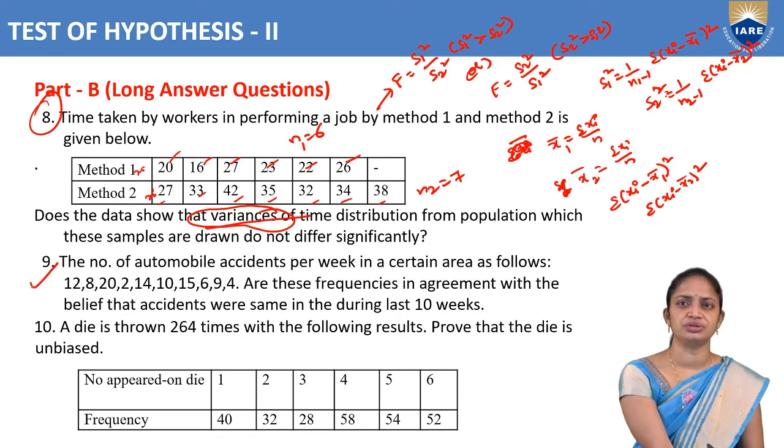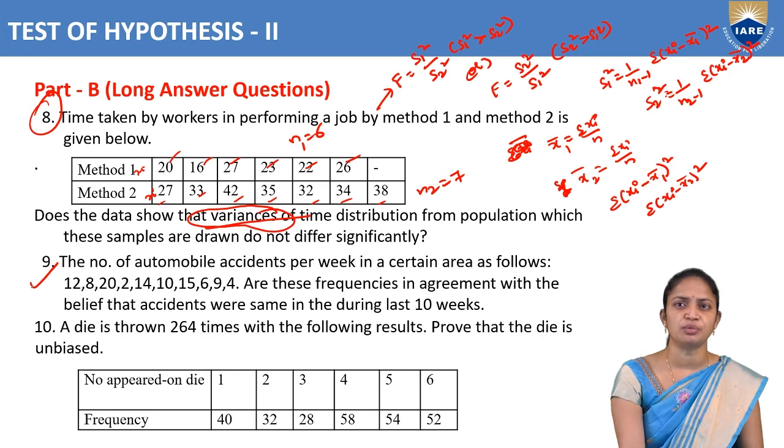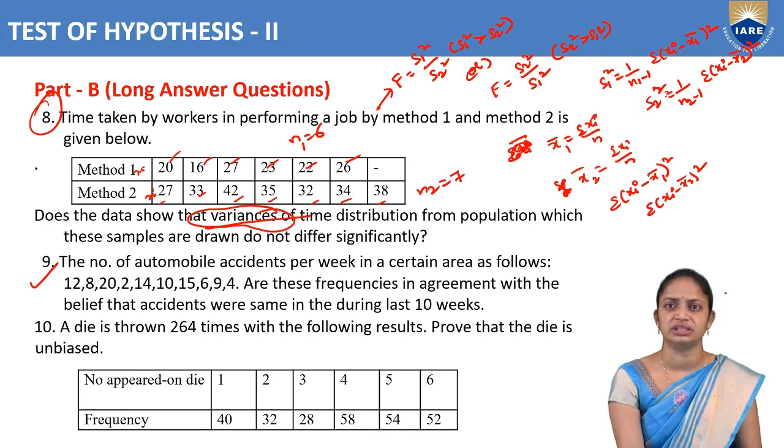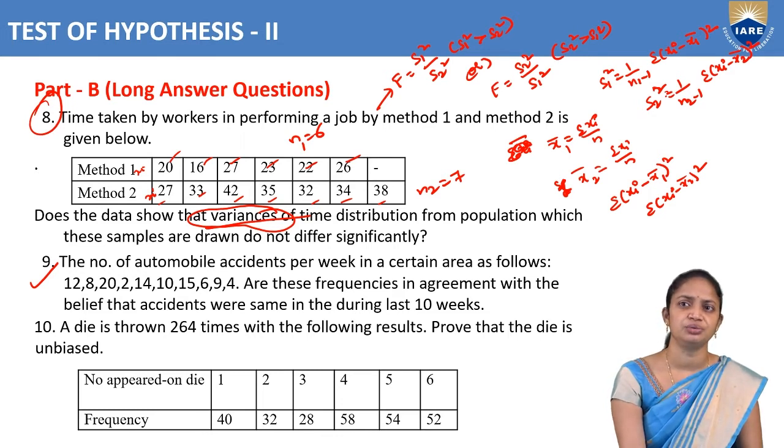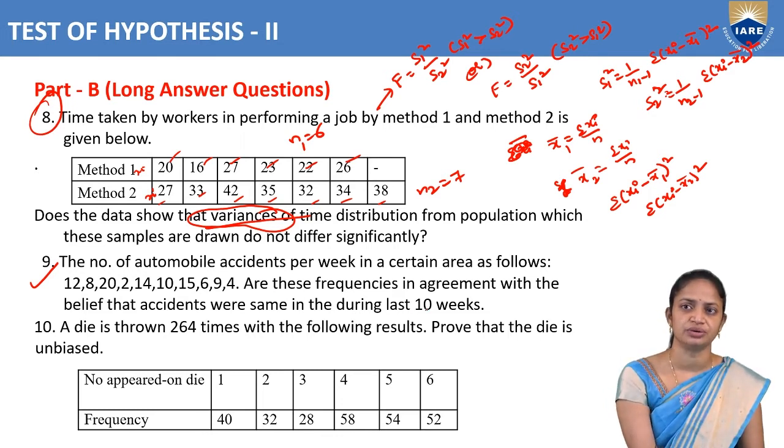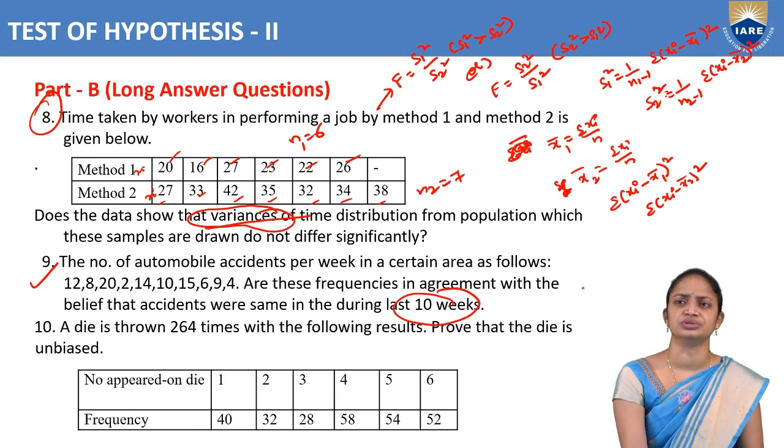Okay, so coming to the next question: the number of automobile accidents per week in a certain area is as follows: 10, 12, 8, 20, 2, 14, 10, 15, 6, 9, 4. Are these frequencies in agreement with the belief that accidents were the same during the 10 weeks? Okay, so here we have to use the chi-square distribution method.